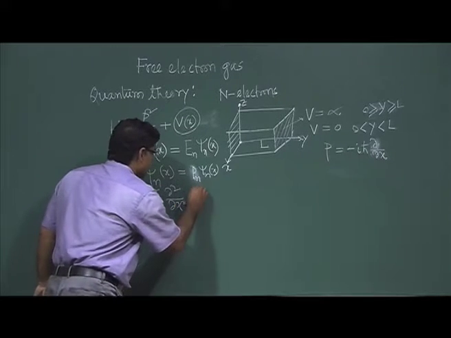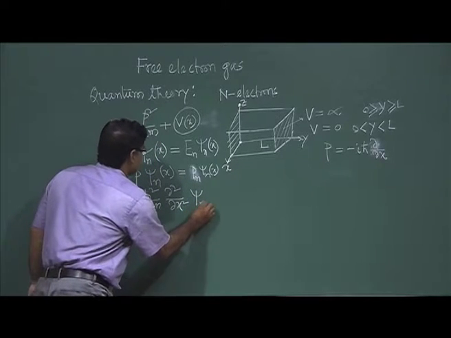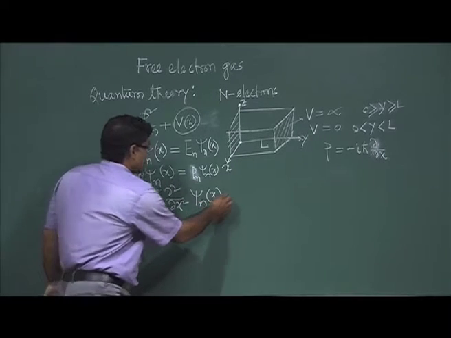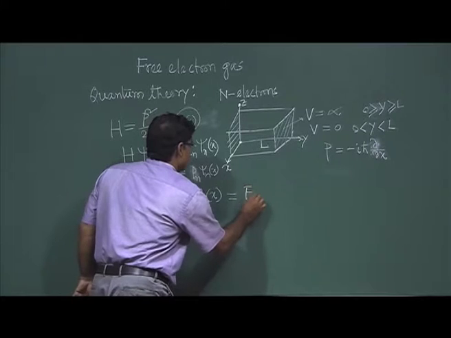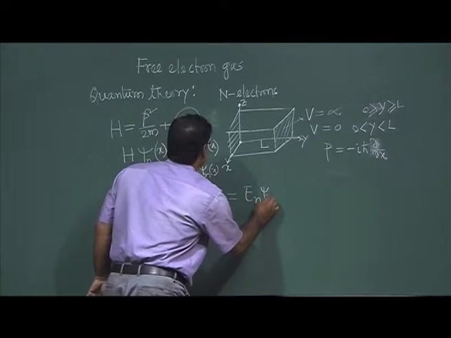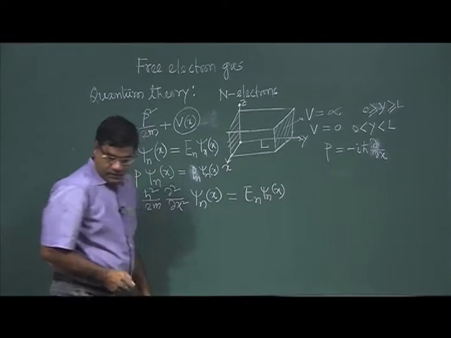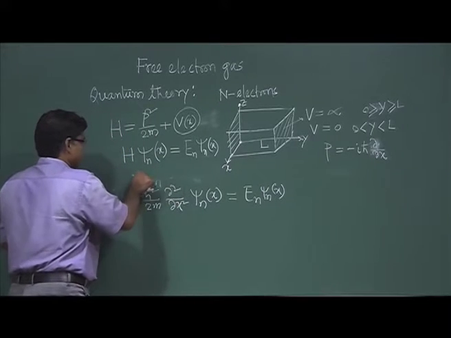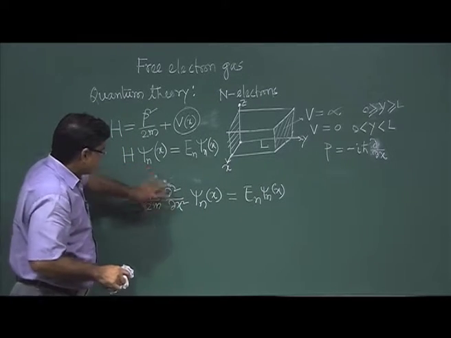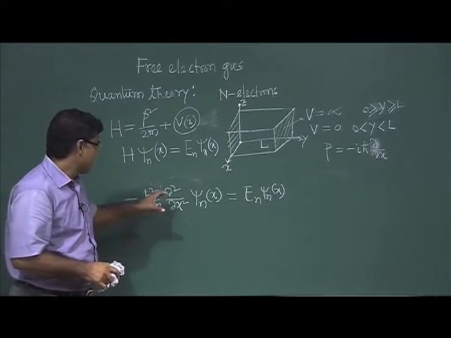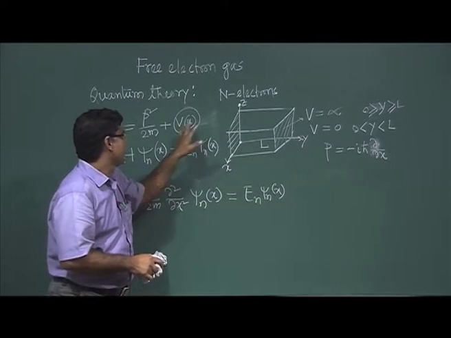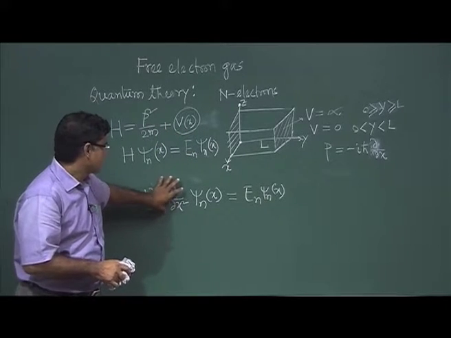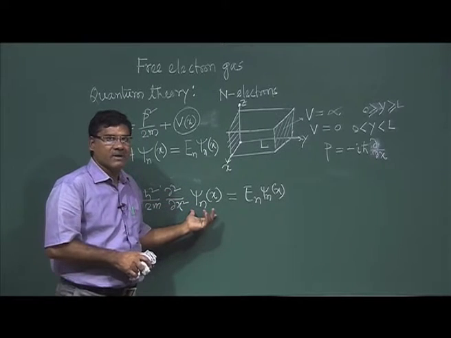Now, if you apply it on the wave function of the system, this will give you the energy times psi n x. So we have chosen the proper Hamiltonian for our system. Here the potential energy is 0, only kinetic energy is there, and we operate on the wave function.